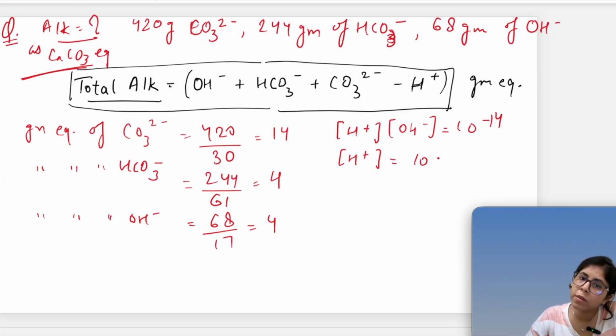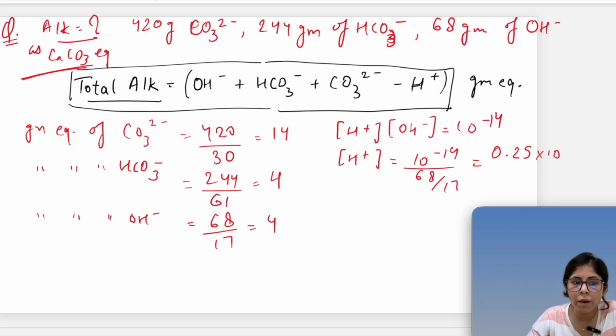So I can get 10 to the power minus 14 upon 68 upon 17. So the H plus ions is 0.25 into 10 to the power minus 14. This is the concentration of H plus ions, and this is in gram equivalent. And these are also gram equivalents.